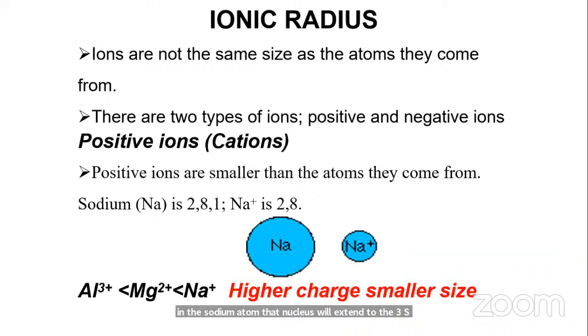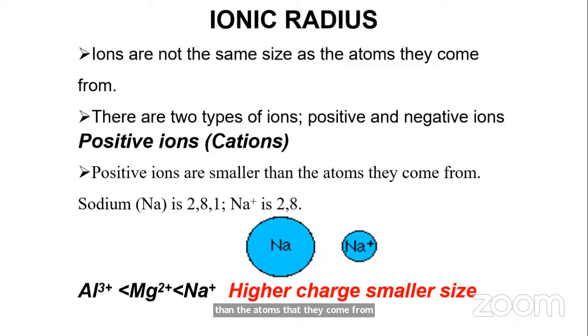But in the sodium ion, the pull of the nucleus will only extend to the 2s orbital where you have 8 electrons. So the distance over which the nucleus acts is smaller, and the pull of the nucleus will be stronger. That is why the positive ions are smaller than the atoms that they come from.